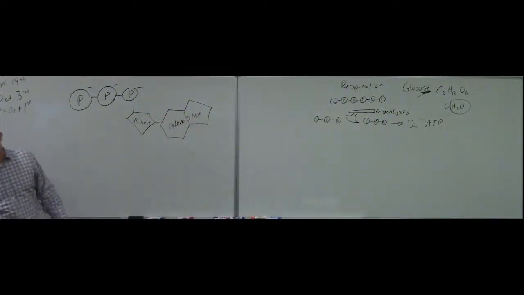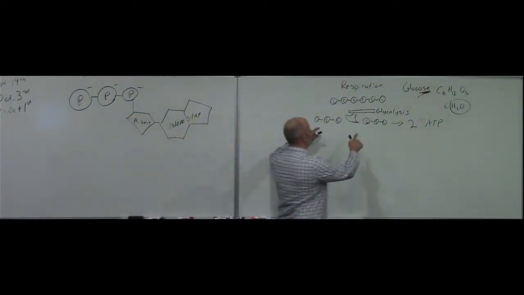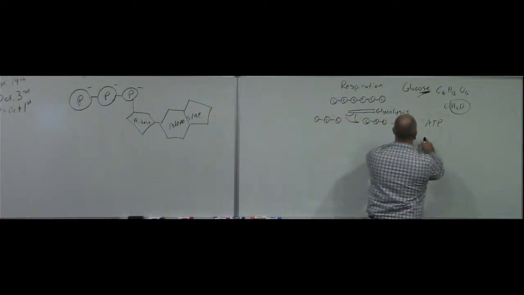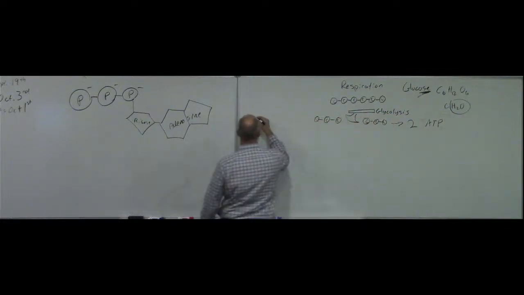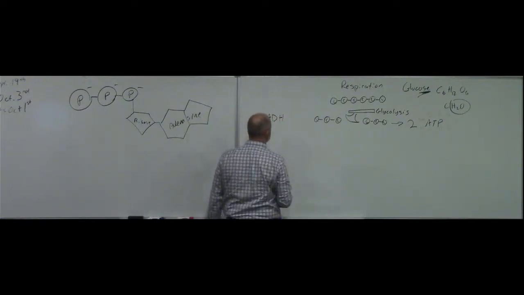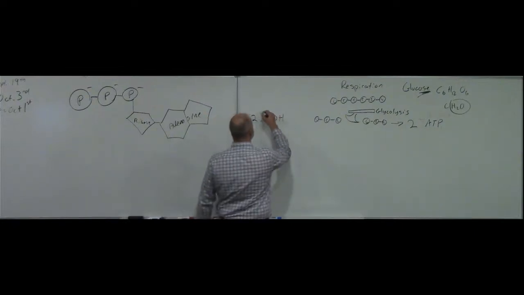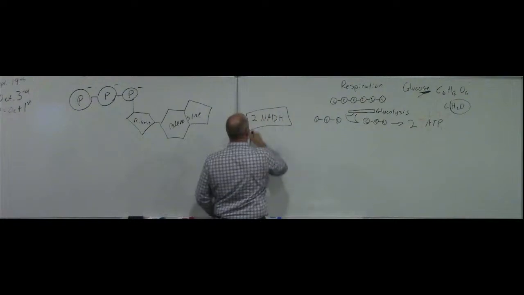How many of those do I have? 2. So I have 2 pyruvates, 2 ATPs, and 2 NADHs, right? What do these carry? Yeah, right? Each of these has 2 electrons.